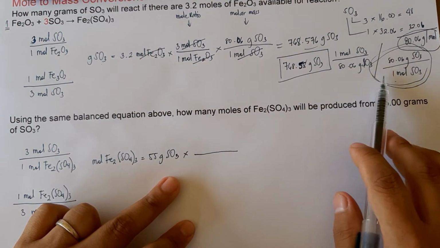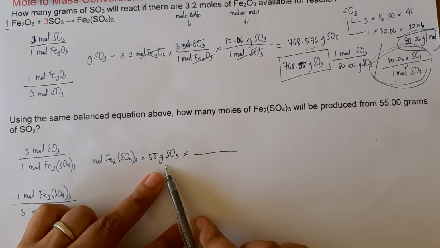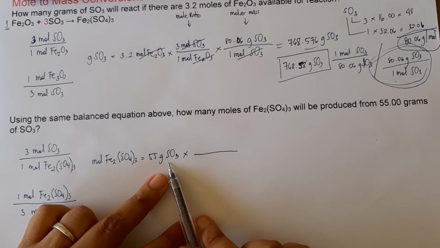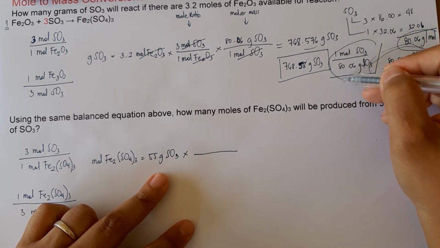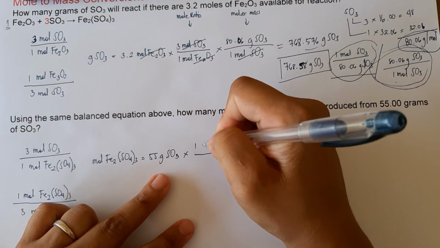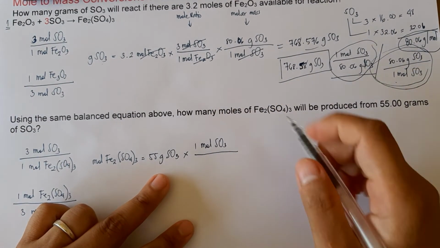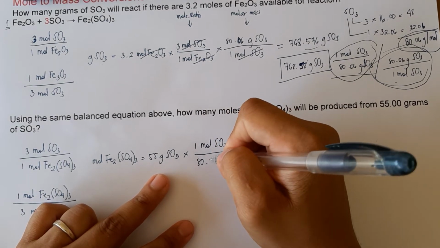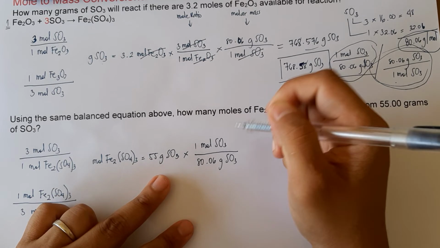So, isa sa dalawa ulit yung gagamitin natin. Kailangan nating makancel yung grams. Ibig sabihin, kailangan nasa ilalim yung gram. So, we will be using this one naman. So, that's 1 mole of sulfur trioxide over 80.06 grams of sulfur trioxide.